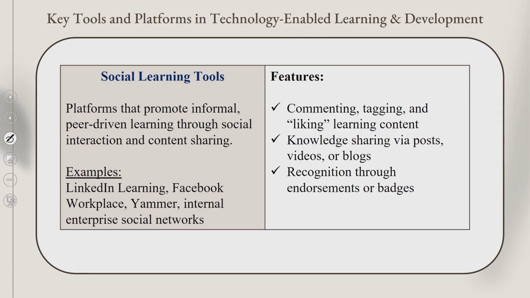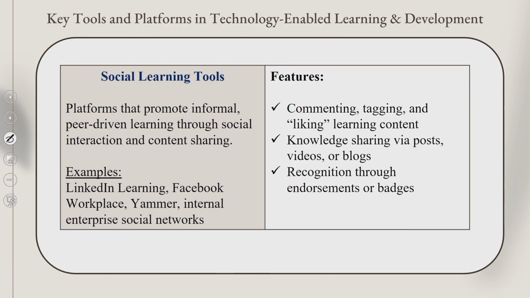Now let's quickly look into some of the social learning tools. When we look into the social learning tools, please understand these are platforms that promote informal, peer-driven learning through social interaction and content sharing. So you have features like commenting, tagging, and liking learning content. You have the possibility of knowledge sharing via posts, videos, or blogs.